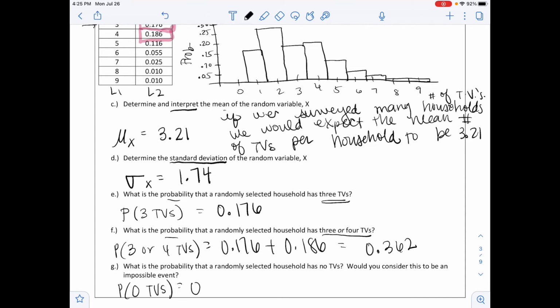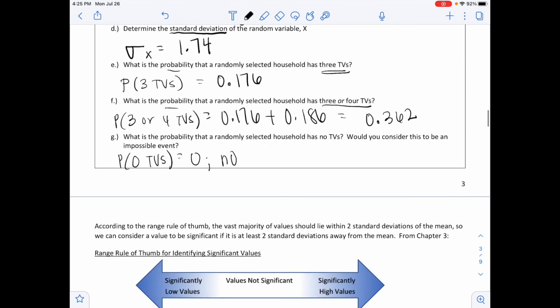And no, we would say no. The reason why is this is again only from a sample that we had, and in this sample nobody had no TVs in their household. However, if we would have gone to another place, maybe like an Amish area, we probably would have had a different outcome. So to say it's impossible is pretty strong wording.